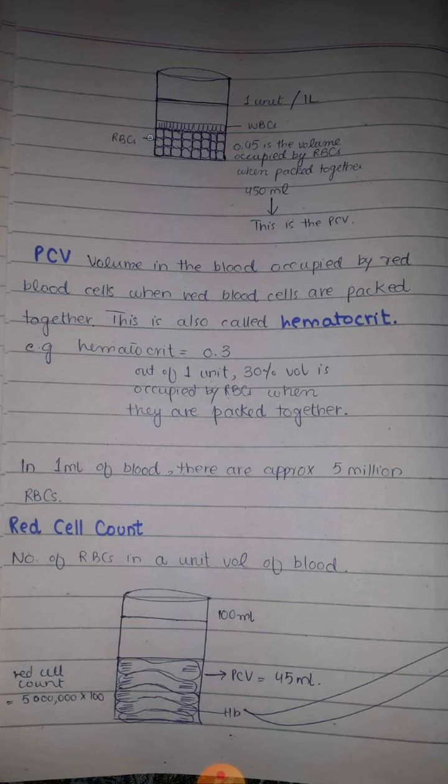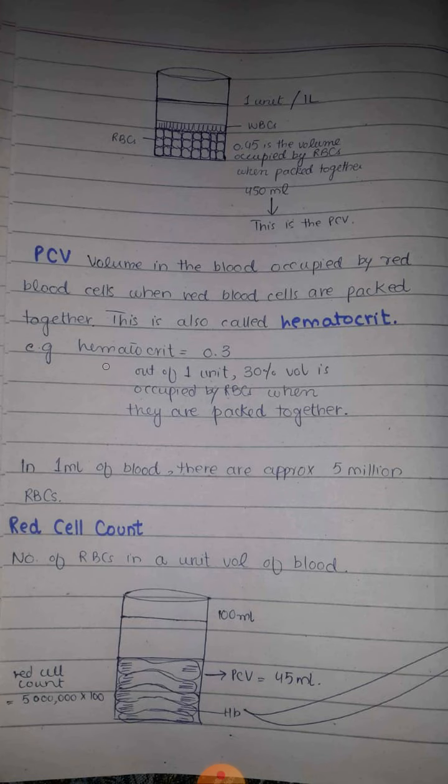Here we can see that these red blood cells are packed together. So the volume of the blood which is occupied by the red blood cells when these red blood cells are packed together is known as the packed cell volume or hematocrit. Here we have 1 liter of the blood or 1 unit of blood, and out of this 1 liter, 450 ml is occupied by red blood cells when they are packed together. So here we have the packed cell volume of 450 ml.